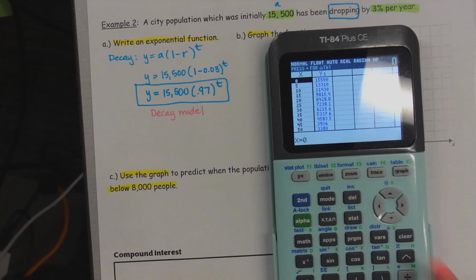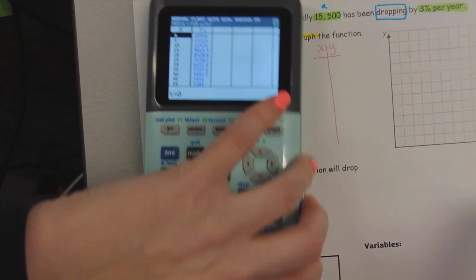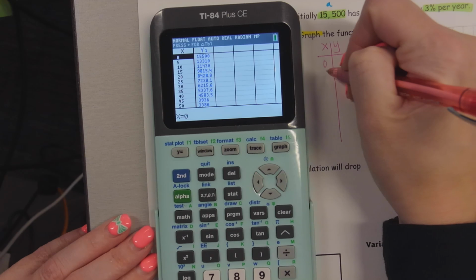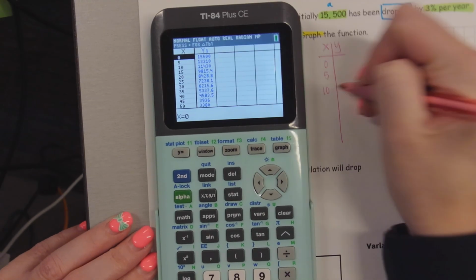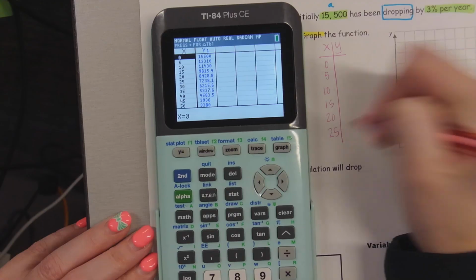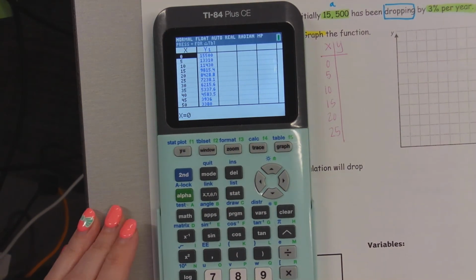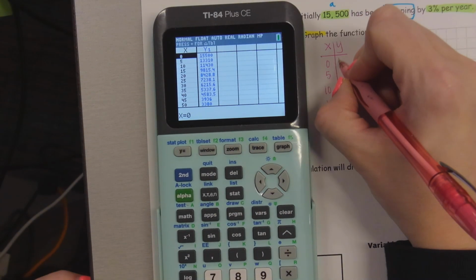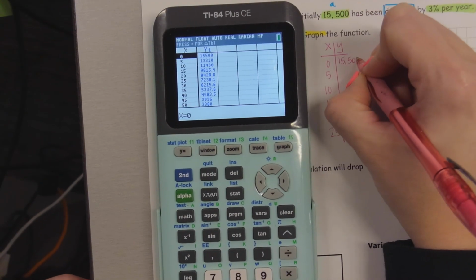Yeah, right there at 25 is when you can see a value that's below that. So I'm going to do 0, 5, 10, 15, 20, 25. Okay, sometimes you might not have to go out that far. So if you want to go by 3s or 4s or 2s, you can do that just depending on your situation.